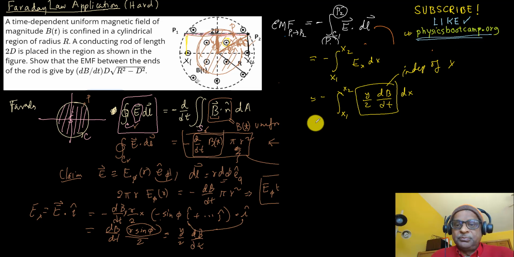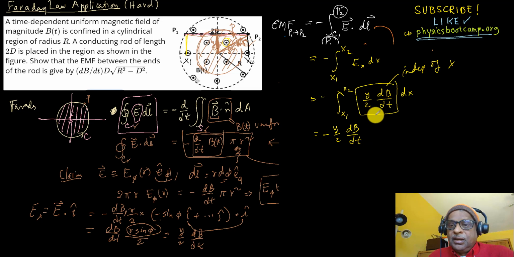So that's just equal to minus y over 2 dB/dt times (x2 minus x1), and that's equal to 2d, and the 2 cancels out.